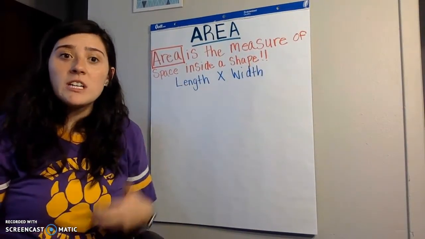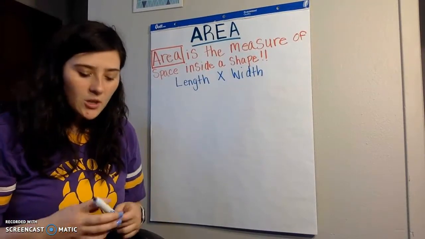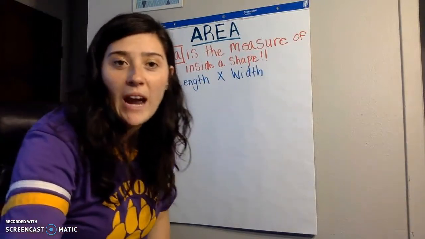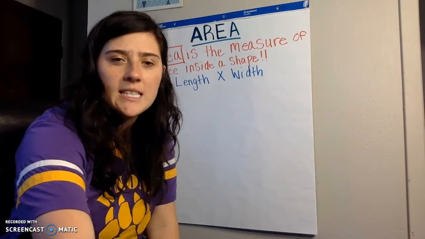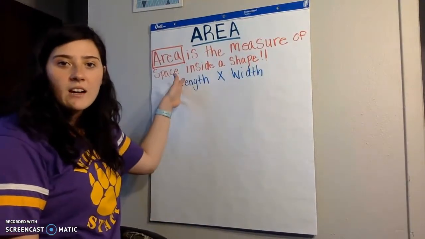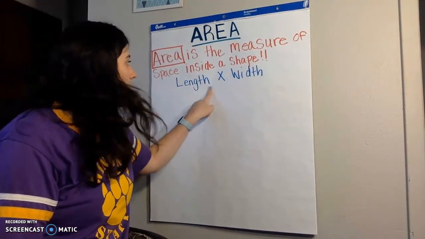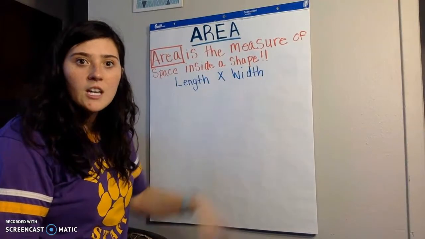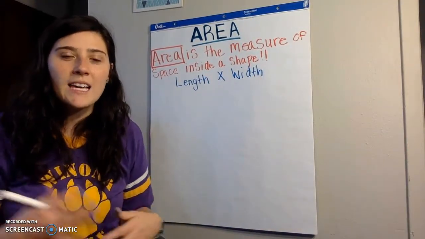Now I'm going to do a couple quick problems to help guide your thinking during this practice. We know the area is the measure of the space inside the shape, and our equation is length multiplied by the width. So we're going to use that multiplying skill that we already have.